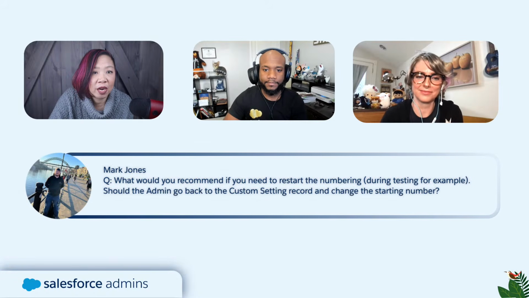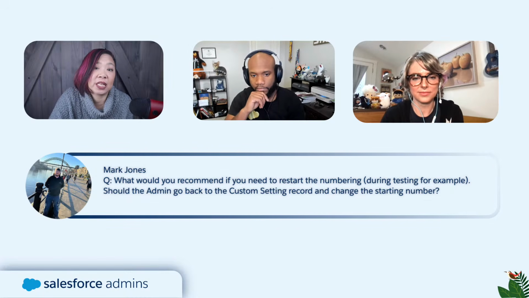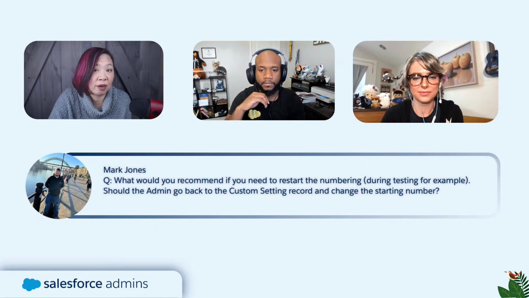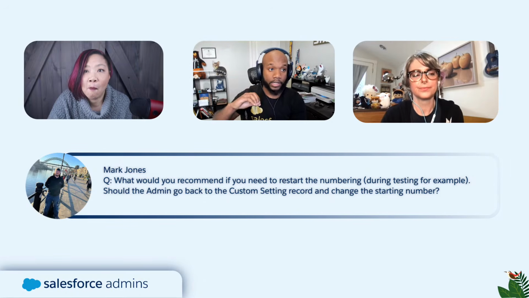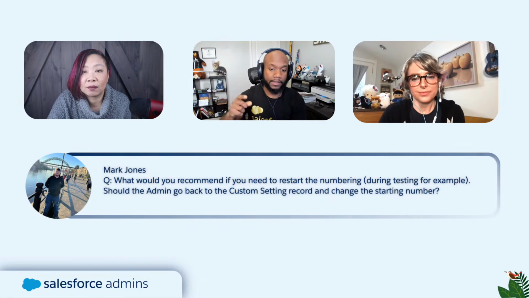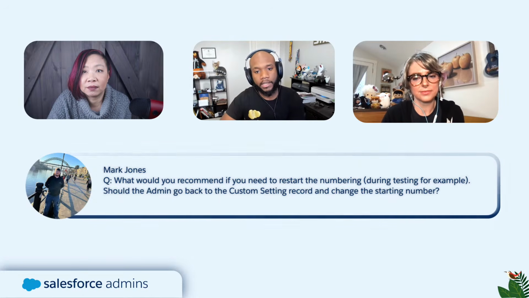All right. So let's see. Next question from Mark. What would you recommend if you need to restart the numbering during testing, for example? Should the admin go back to the custom setting record and change the starting number? Yeah, so I'm assuming this one's for me in the auto numbers. Yes, you can totally go back and reset that number to 0 or whatever starting point you want it to be at.